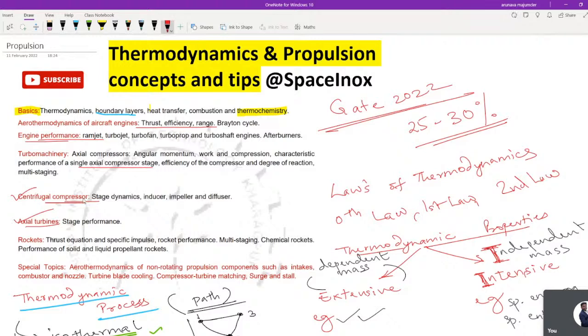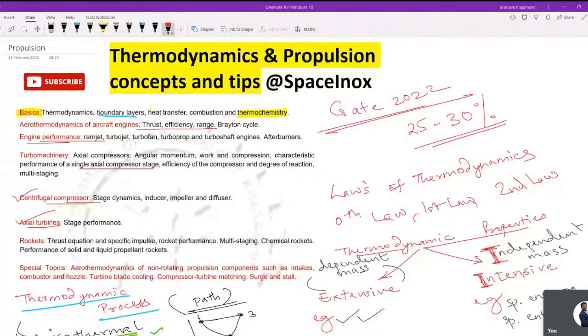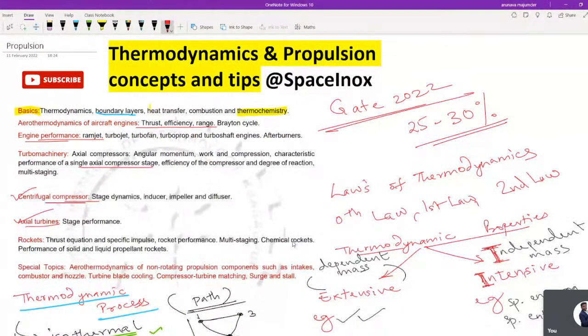So here, what is the main thing? If you have a very short time and you want to crack your GATE within a short period of time, you have to remember the velocity triangle, no other choice.